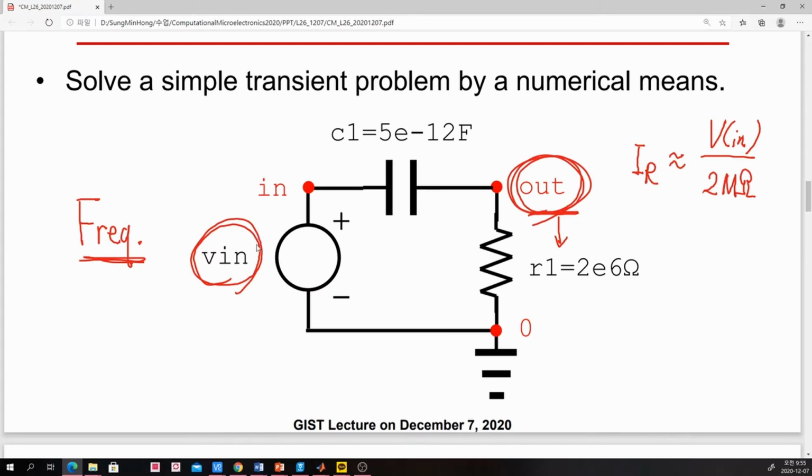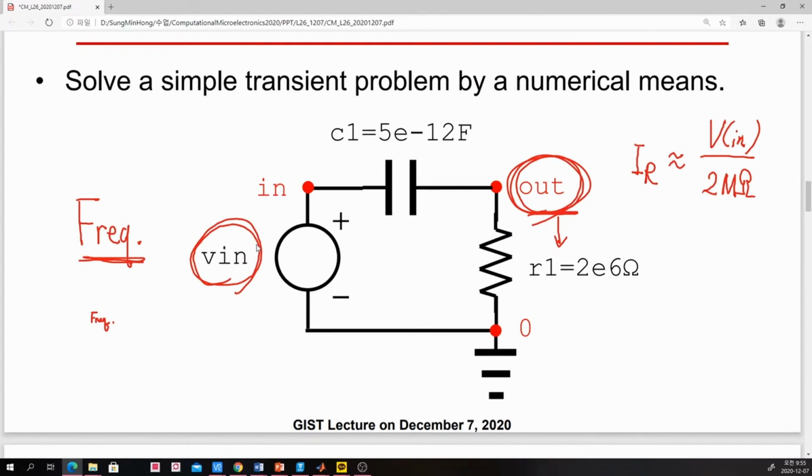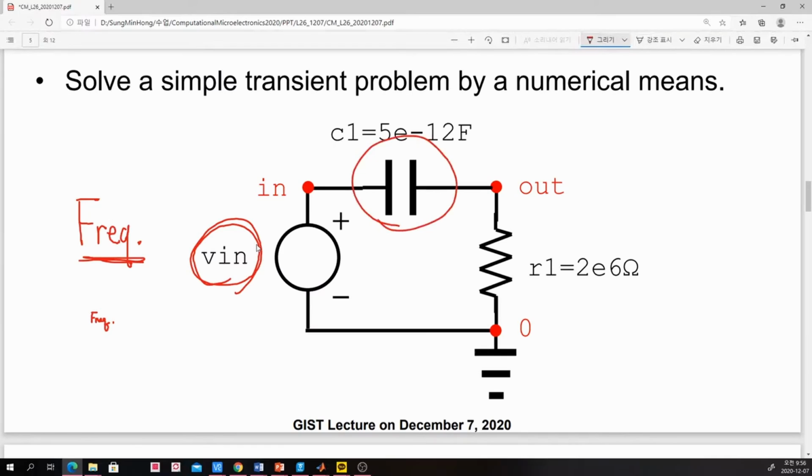If we have really low frequency, then what will happen? In exactly the same manner, now this capacitor contributes quite a high impedance. Compared with this high impedance of the capacitance, this one will become negligible. This one will become negligible.